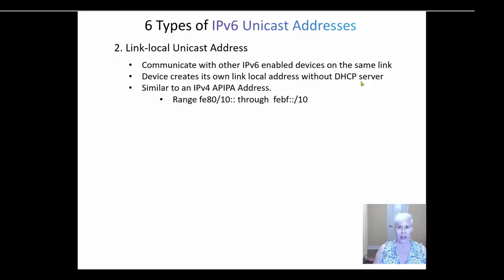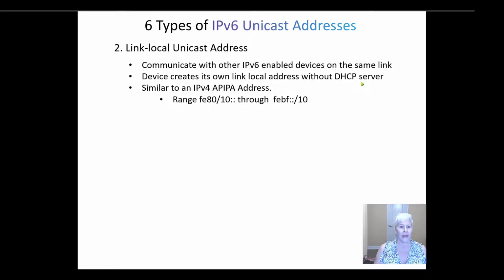You do not need a DHCP server. It automatically gets an IPv6 address. So in other words, if you have a device that's IPv6 capable, it will generate its own link local address. And that's true whether it's a router, a computer, a tablet, anything that's doing IPv6.